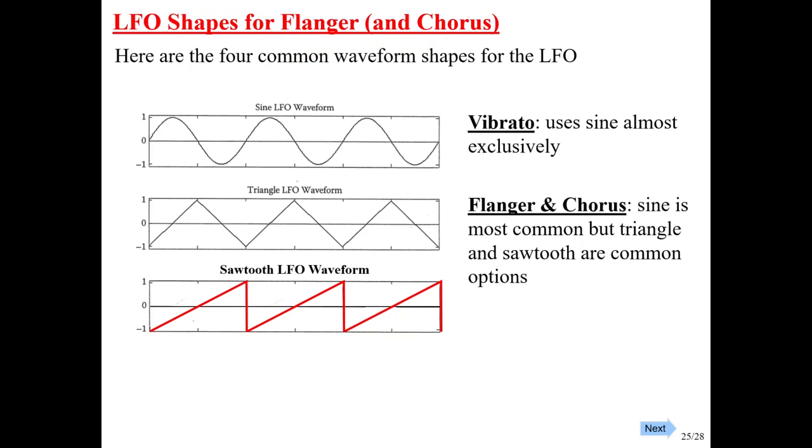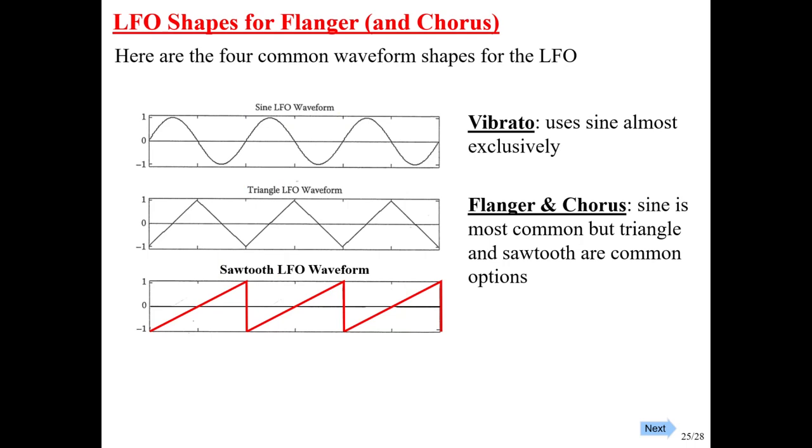So for vibrato, we said we almost always use sine. But for flanger, there's 3 that are common: sine, triangle, and sawtooth. The reason this one is red is that I had to do some editing of the diagram. So it's not saying that there's anything more important about sawtooth.